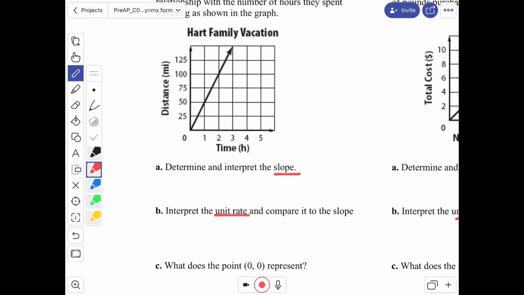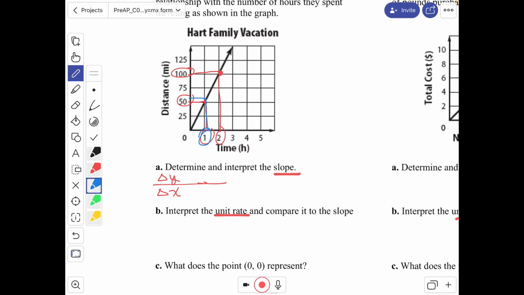To find the slope, remember for a graph, you do the change of y over the change of x, so you can find a couple of points and subtract your y's and subtract the x's. And when you're trying to find the unit rate, remember that's where you go to 1 and see what it is.